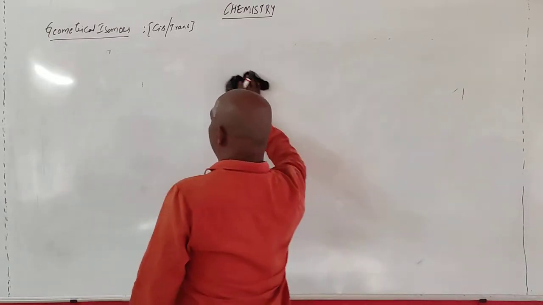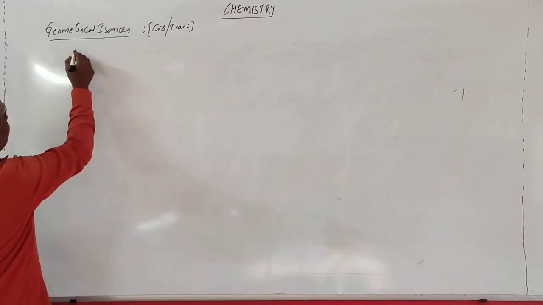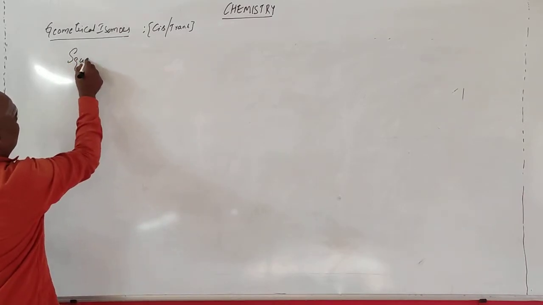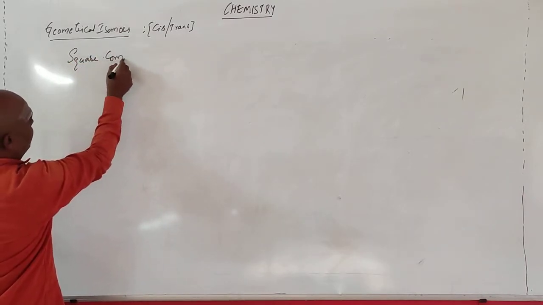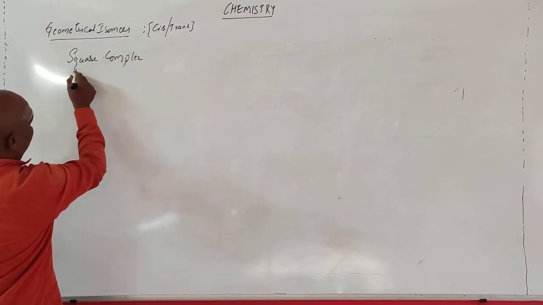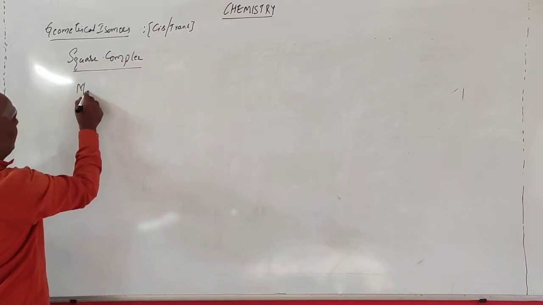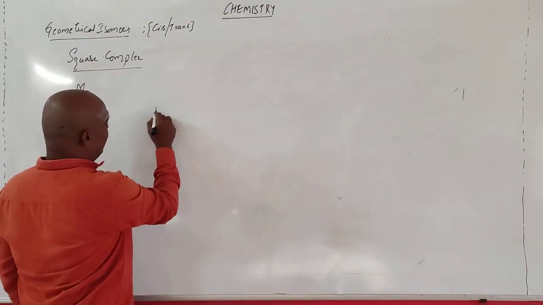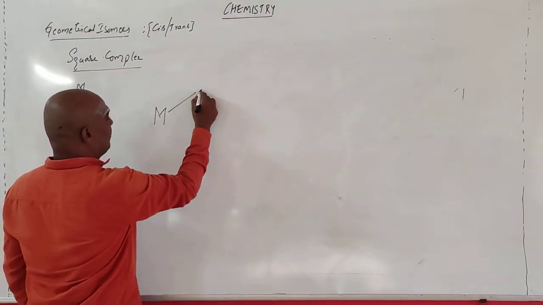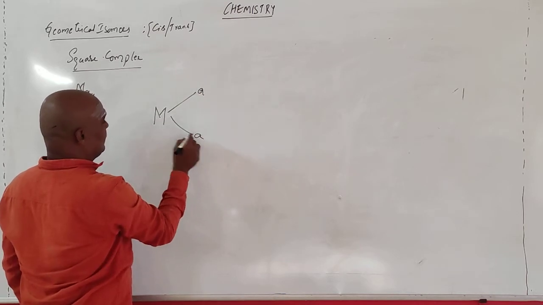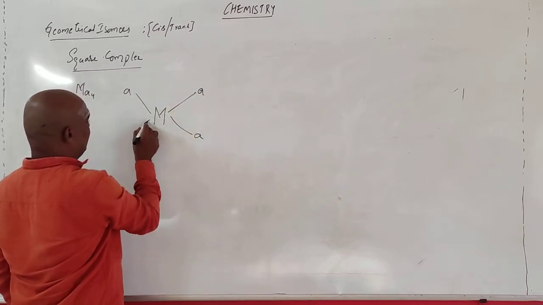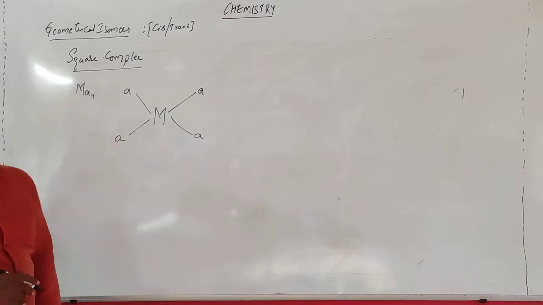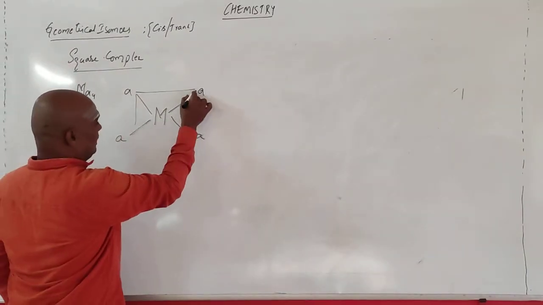See, square planar complexes are coming. If I take the molecule called MA4, the central metal atom is present. So I am writing the representation like M, this is A, this is A, and this is all one set.